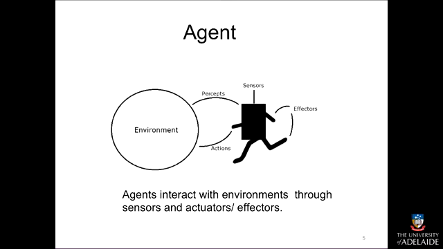So here's another depiction of that picture that I showed you on Monday. Agents interact with environments through their sensors by sensing stuff about the environment and processing that sensor information together with prior knowledge to develop actions that they effect on the environment through, in our case, hands, legs, and so forth.